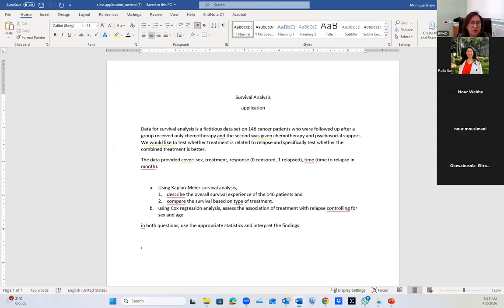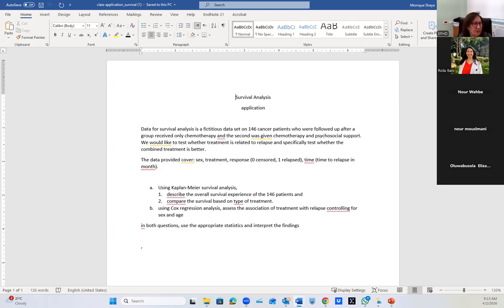And what we want to test is whether treatment is related to relapse, and specifically whether the combined treatment is better, so it's less likely for them to relapse.